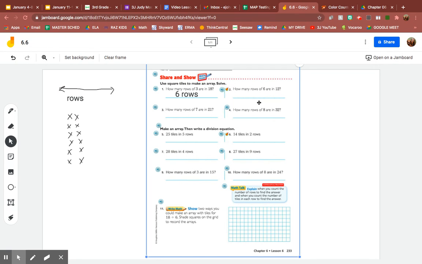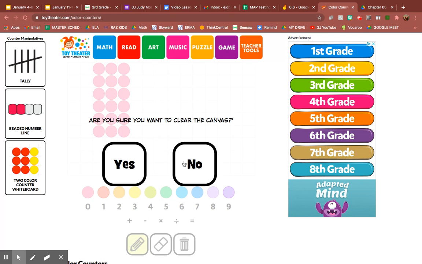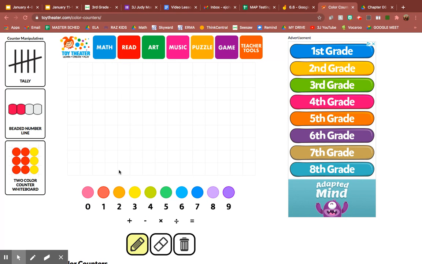Number 2 says, how many rows of 6 are in 12? To figure this out, I'd have to make rows of 6 until I get to 12. I'm going to use the orange one this time. So let's see, 1, 2, 3, 4, 5, 6.